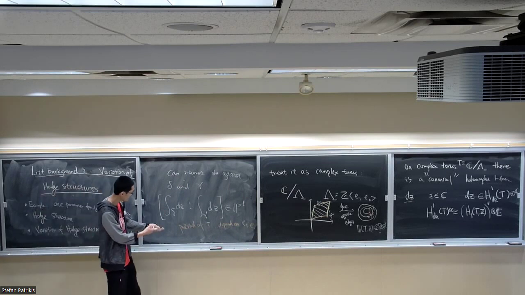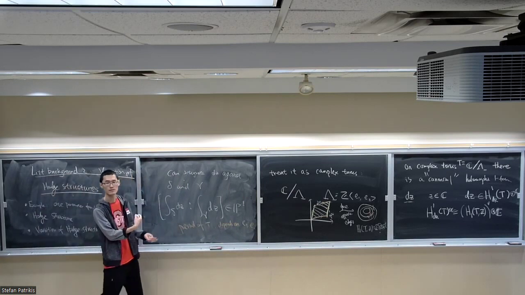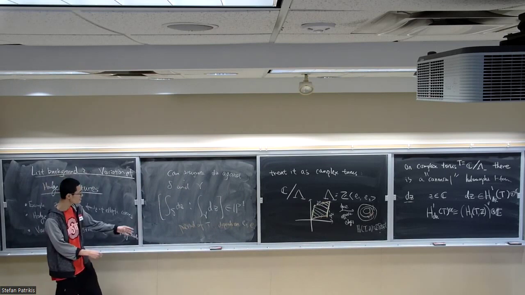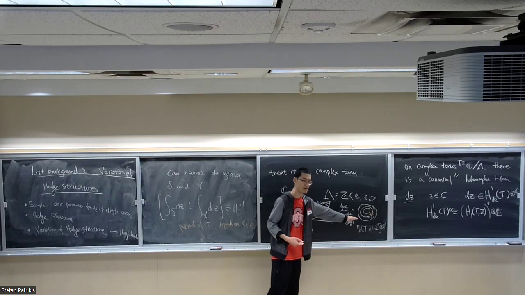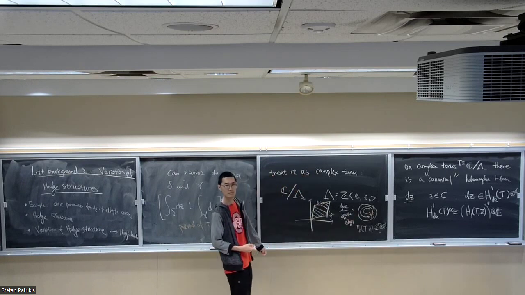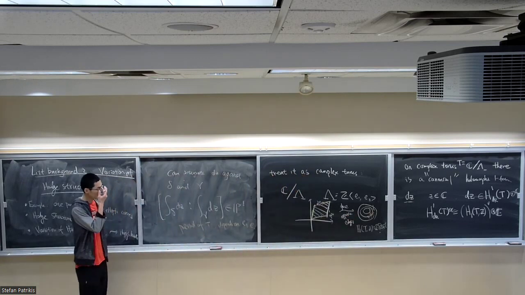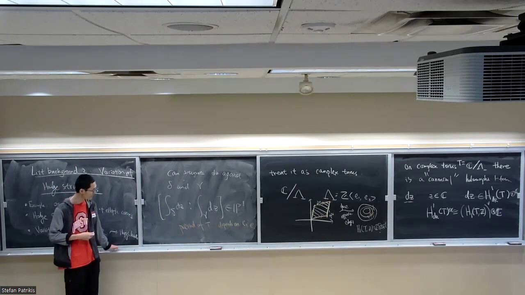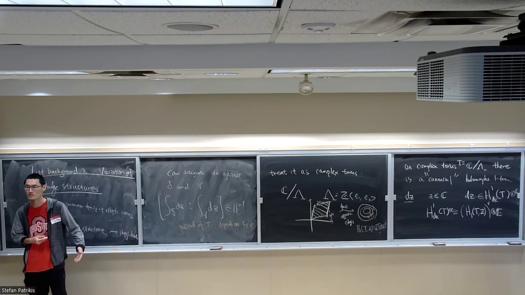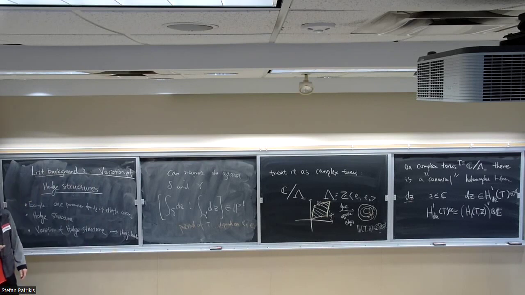And conversely, what we are going to see in the end is that this pair of numbers more or less uniquely determines your complex structure. So that's a pretty short introduction to the motivation of Hodge theory. Are there any questions?